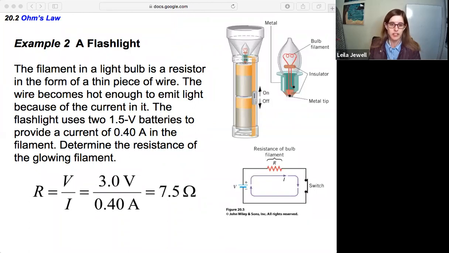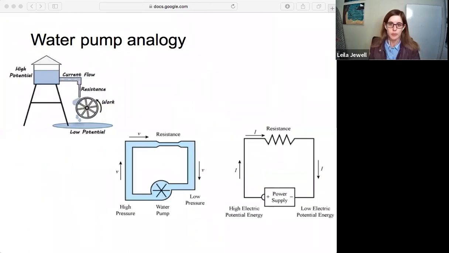One more thing, we can connect back to the water pump analogy, and now we have a better picture of what's going on. The potential is one thing that sets how fast the water flows, or how fast the current flows, but also the resistance. If there's a lot of resistance, we're not going to get as much current. If there's very little resistance, we'll get much more current.